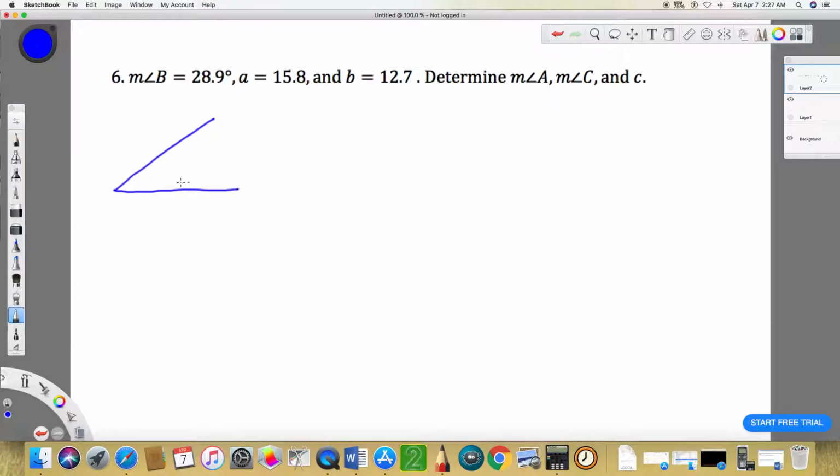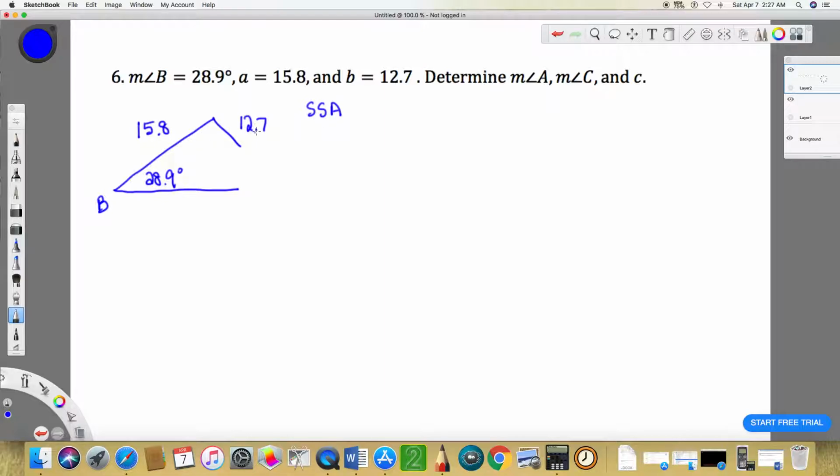We have this angle B that's given as 28.9 degrees. We have the length of B being 12.7 and the length of A being 15.8. So this is our ambiguous case, two sides and the non-included angle.